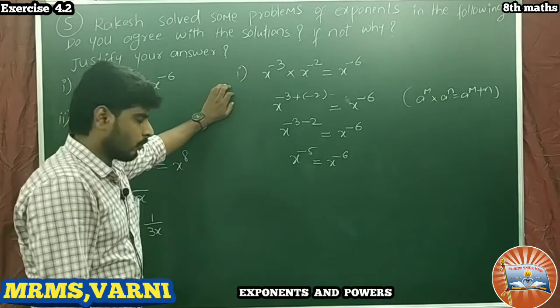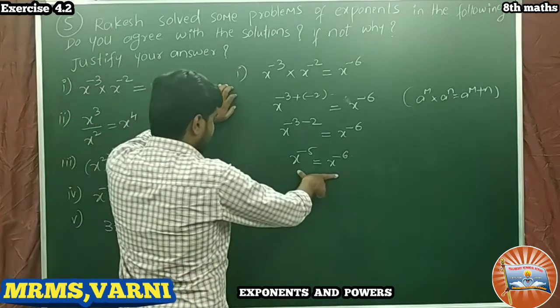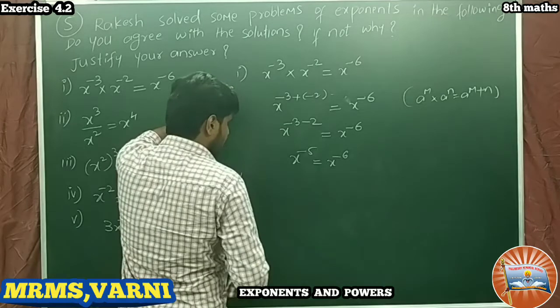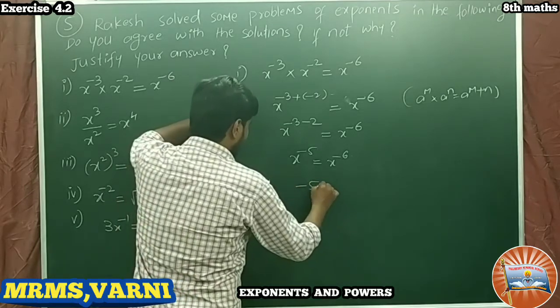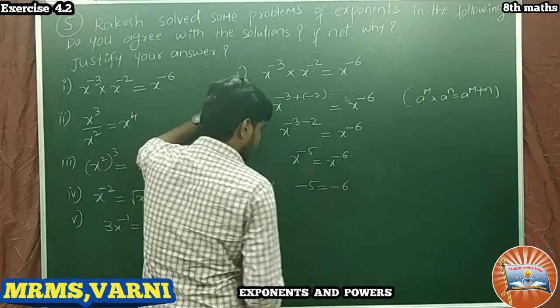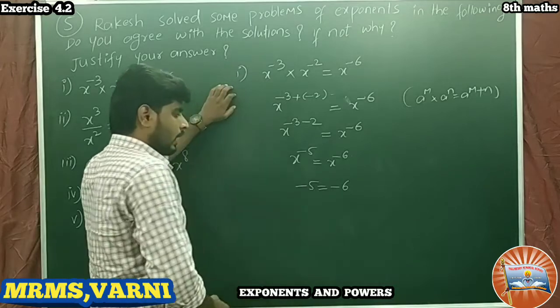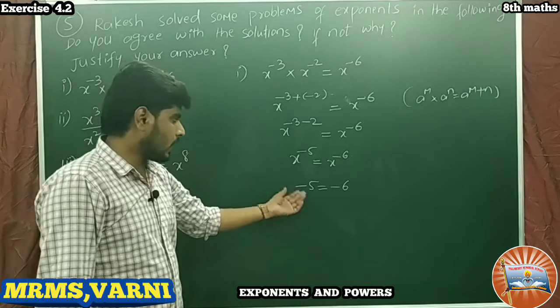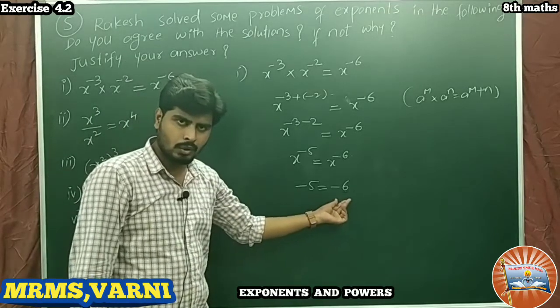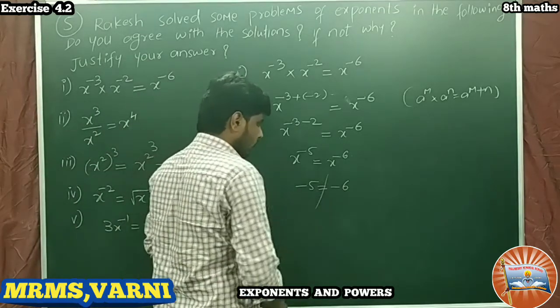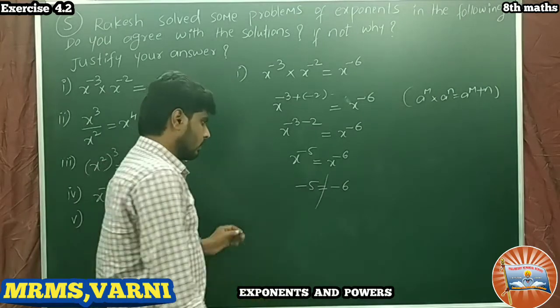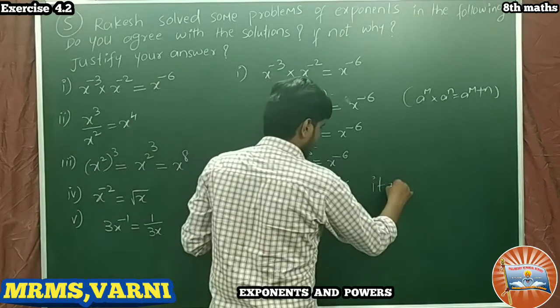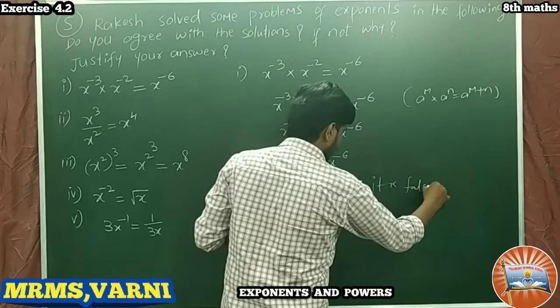Is it clear? Right. So here on both sides the bases are equal, that is why we need to equate the powers. Minus 5 is equal to minus 6. Is it true? Is minus 5 equal to minus 6? No, both are different. So it is not true. It means it is false.